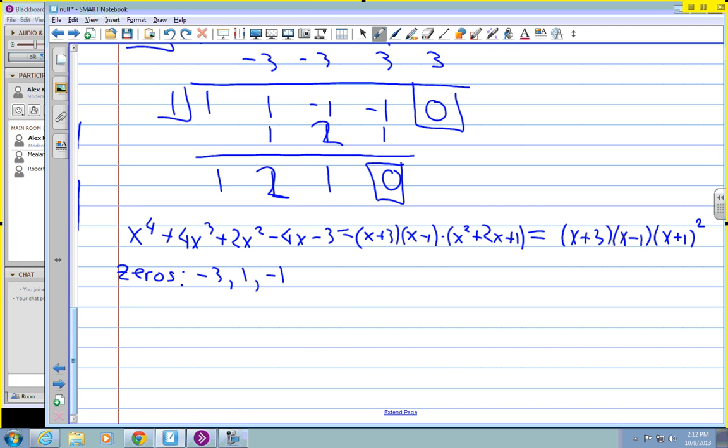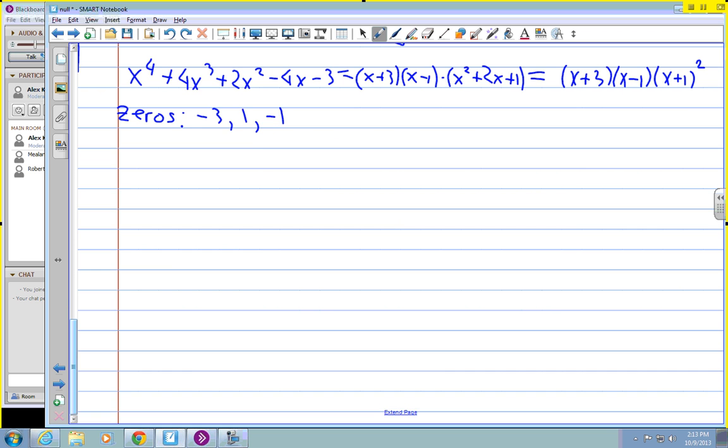Can I sketch the graph of that thing? It's an even degree polynomial, right? So it goes up on both ends. The zeros are negative 3, negative 1, and 1, so those are my intercepts. What's the multiplicity of negative 1? 2, because of the power 2.